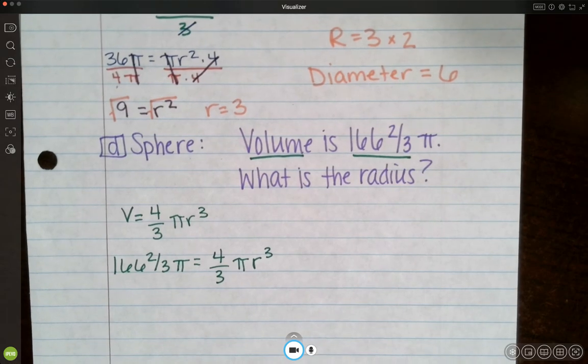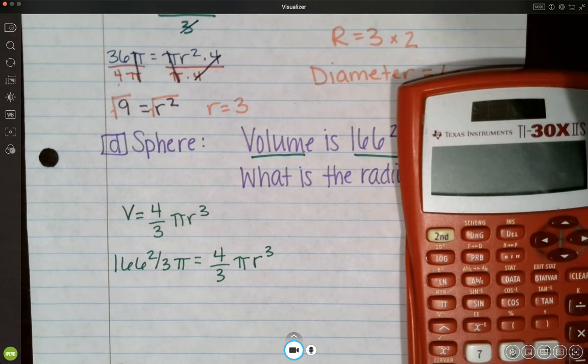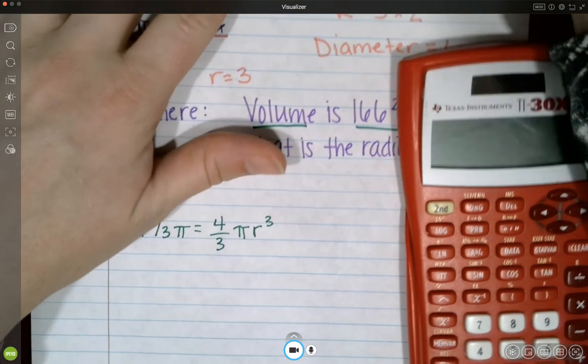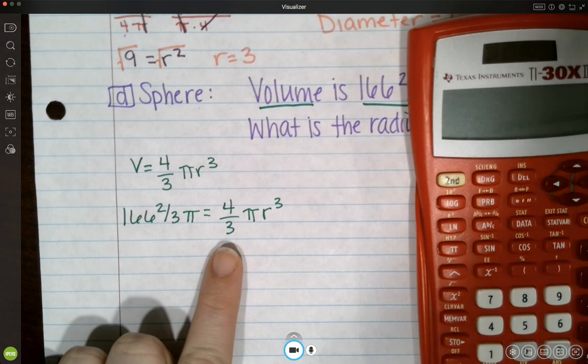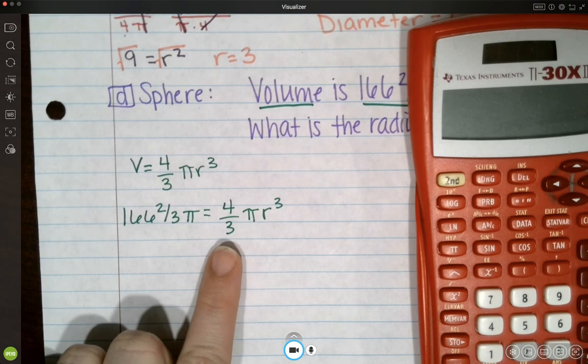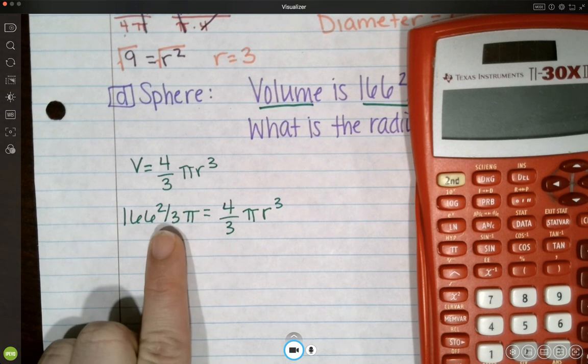All right, so we need to do a couple of things in order to get rid of pieces and parts. First thing, because we have this magical calculator, we can divide by multiplying. So since we're multiplying by 4/3, we can divide by this 4/3. In a perfect world, I like to do the reciprocals, but because this is a mixed number, it makes it a little bit more complicated.